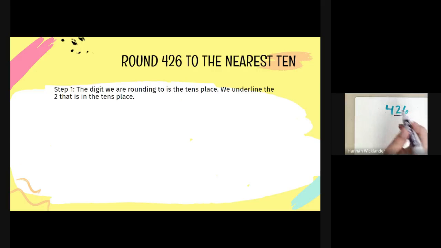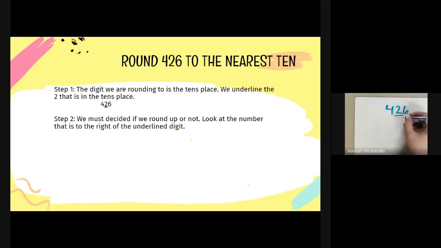Good job. Correct. Okay. Step 2 is to look at the number to the right of the underlined number. So the 6. So is 6 bigger than 5 or smaller than 5? You can just type bigger or smaller in the chat. Bigger is correct. So I'm going to add 1 to my underlined number.